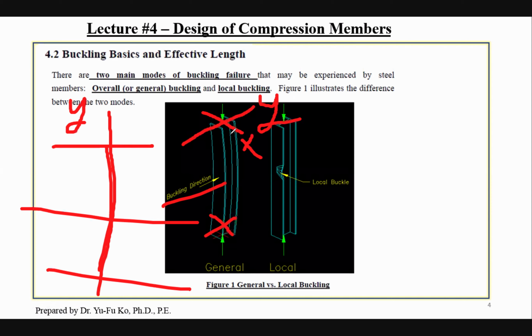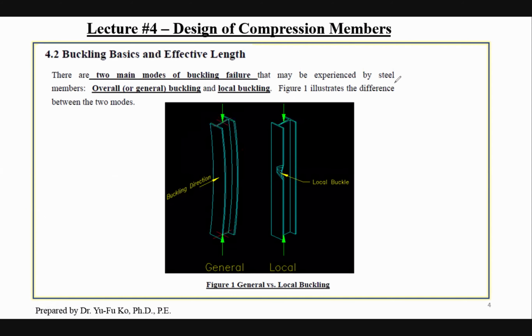It also depends on the support condition at the two ends of the member. We'll discuss that later in this chapter. So the buckling direction also depends on your column orientation and the support condition at the top and bottom of the column.